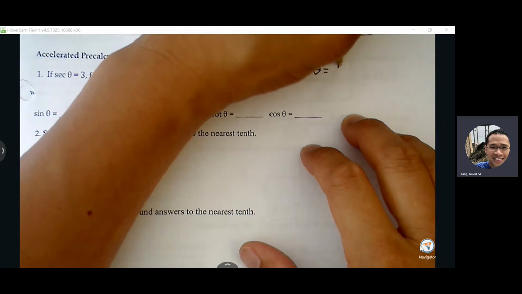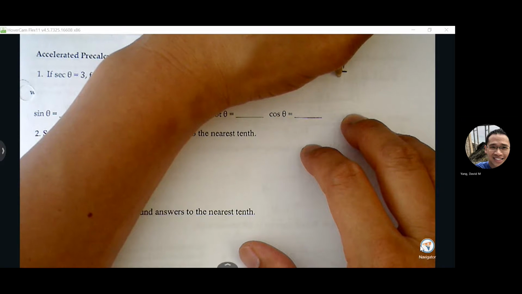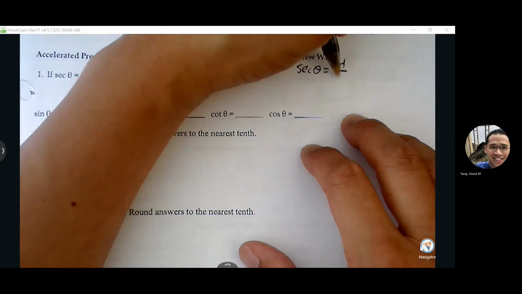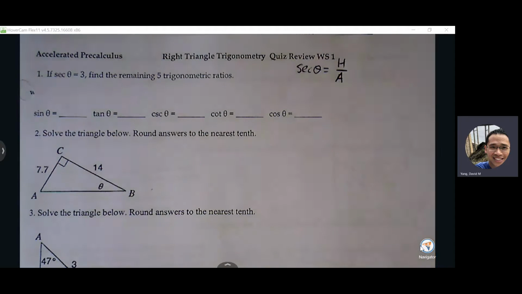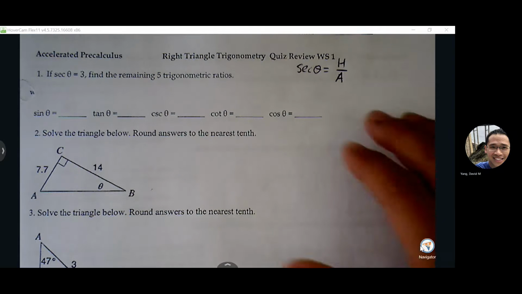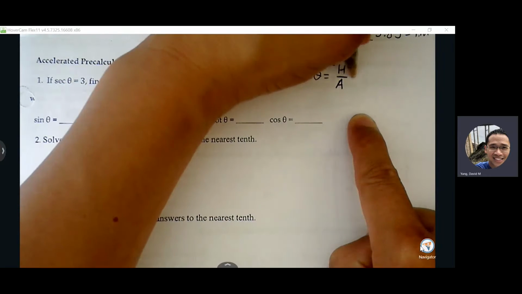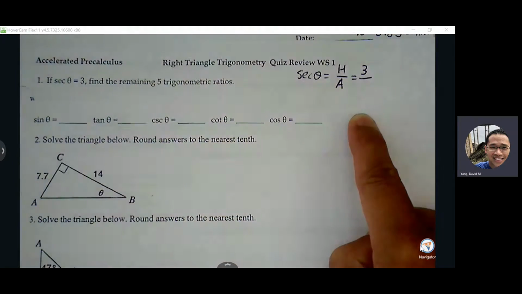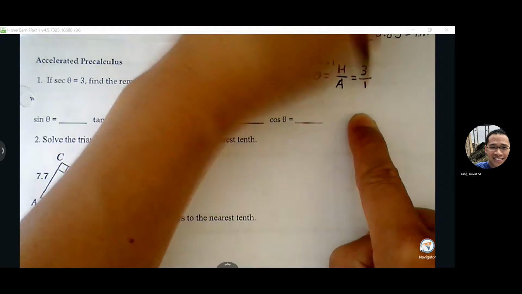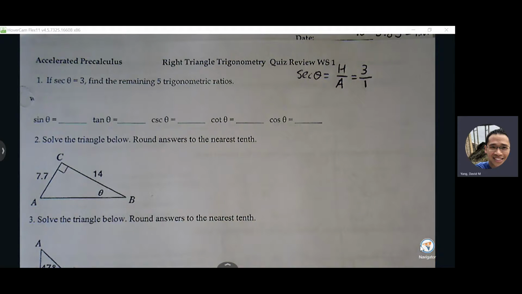So we know it's hypotenuse over adjacent, because cosine is adjacent over hypotenuse, so secant is hypotenuse over adjacent. And if I want to force that 3 into a fraction, what would that be? 3 over 1. So we're going to draw a triangle with the hypotenuse being 3 and the adjacent being 1.